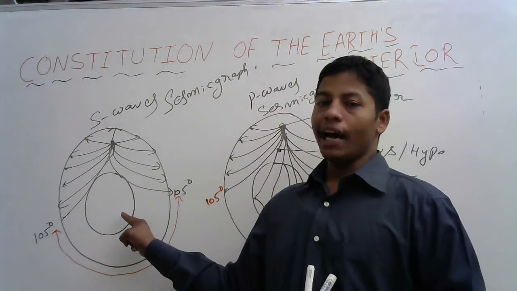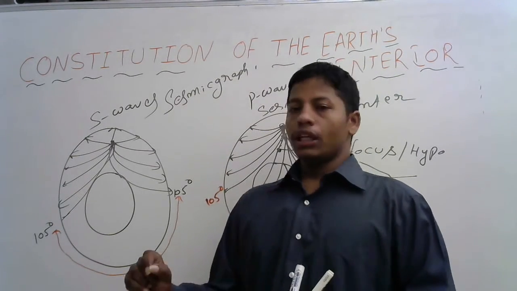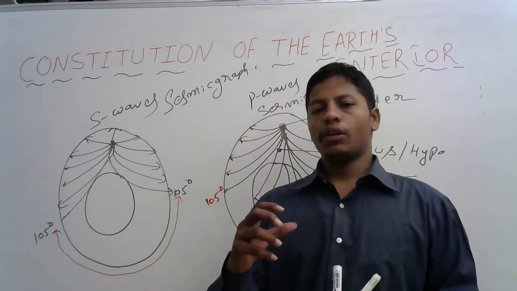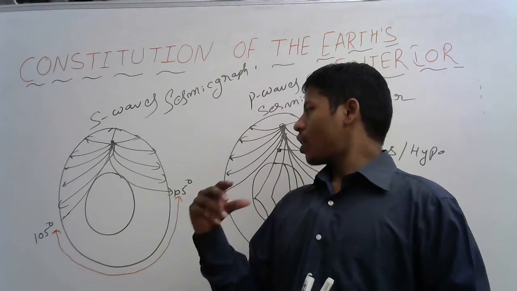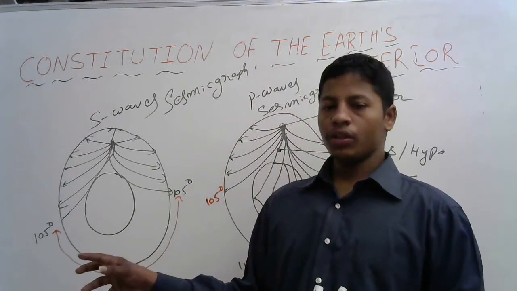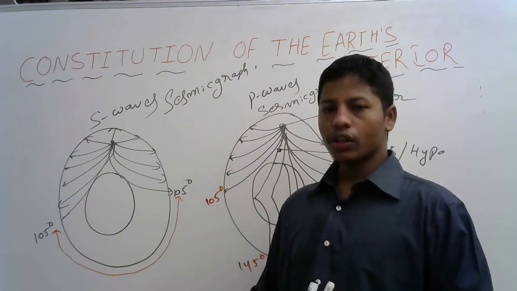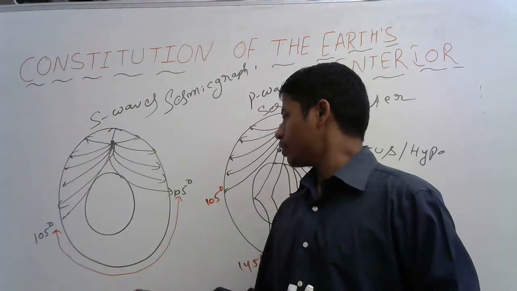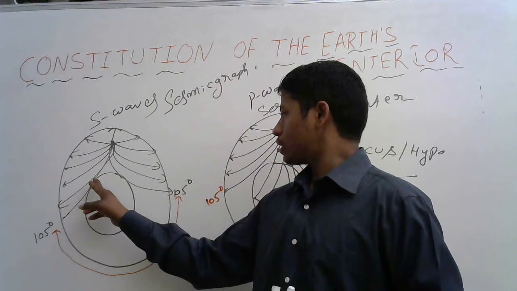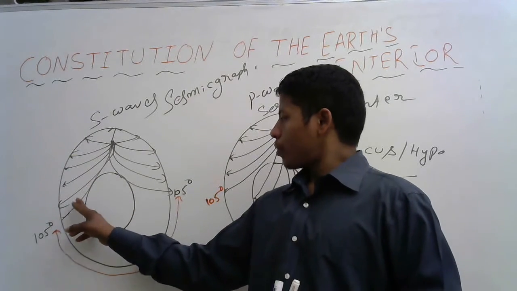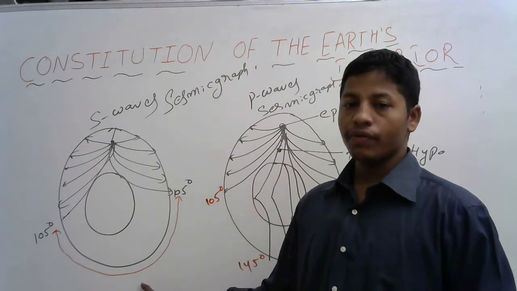The earth's outer core is liquid in nature, so S waves cannot travel through it, and the seismic wave detectors cannot detect them in this region. At 105 degrees the S waves touch the outer core, and there is absence of S waves in the entire region. This is called the shadow zone of S waves.